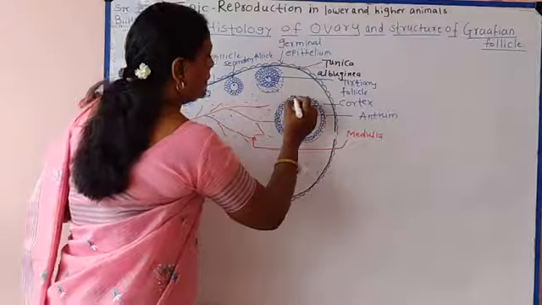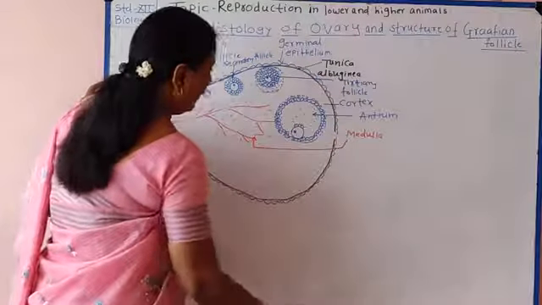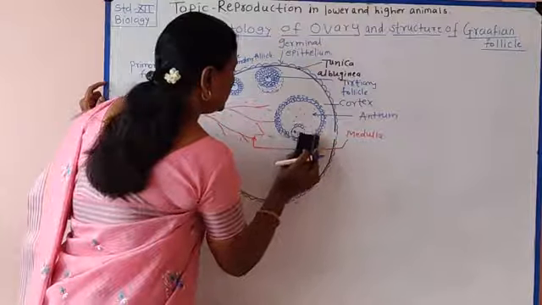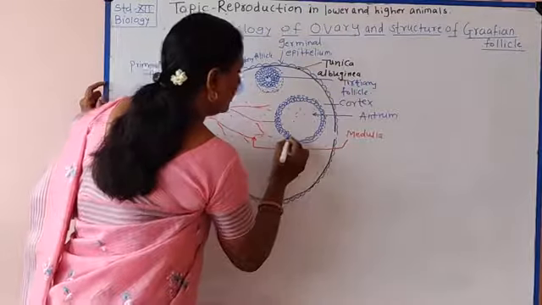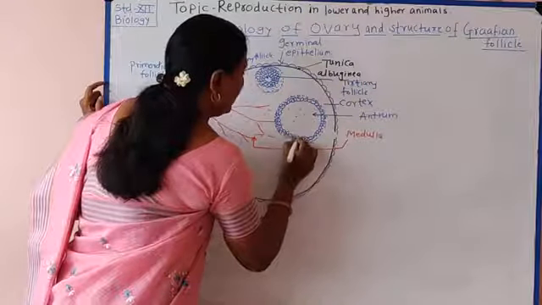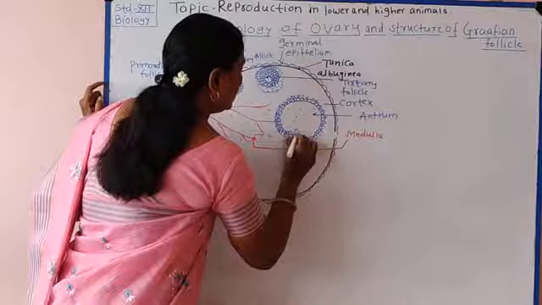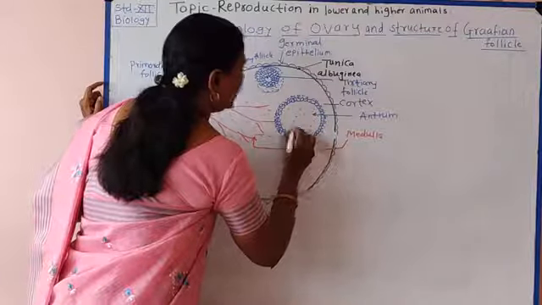Now inside this Graafian follicle, which is the mature follicle, the secondary oocyte is present on a stem-like structure.